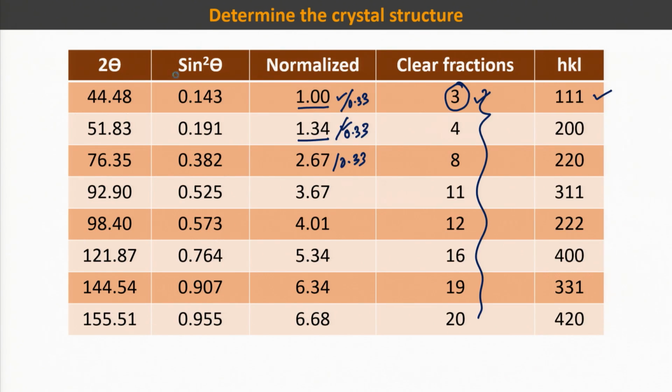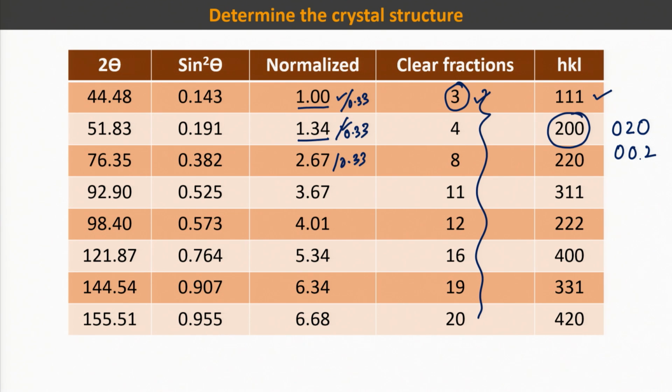Similarly, for the 4, you will have the HKL value 2 0 0. This can also be 0 2 0 or 0 0 2. Of course, it is possible, because 2 0 0, 0 2 0 and 0 0 2 are all parallel and have a similar HKL value.